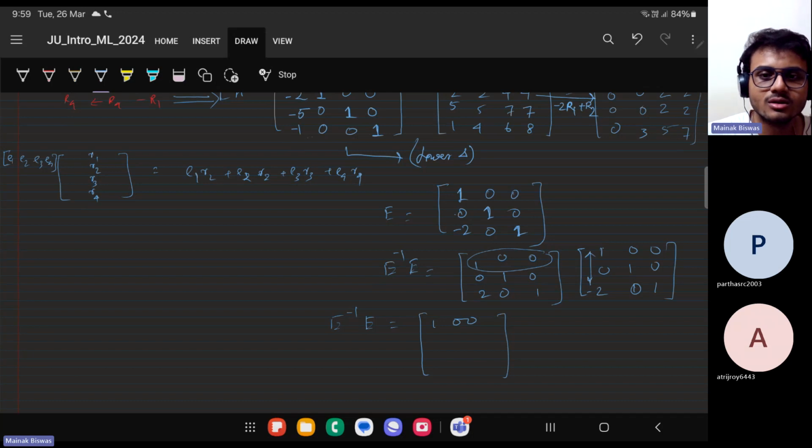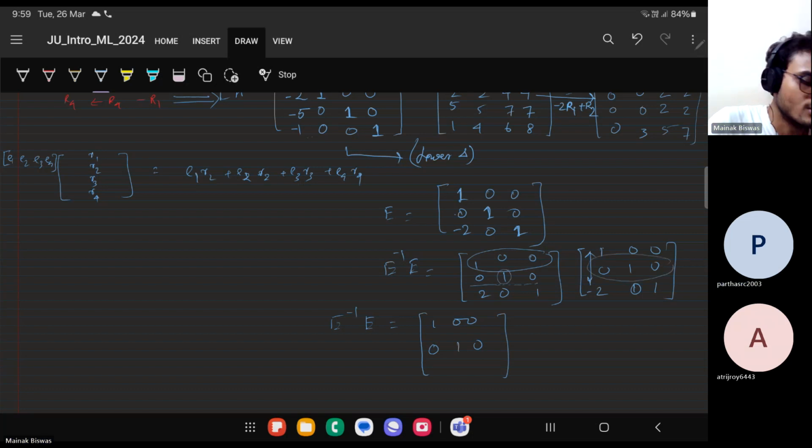What will be the second row, Partho, after multiplication? 0, 1, 0. Why are you multiplying like school children? This is 0, 1, 0. So you'll just take the middle row.